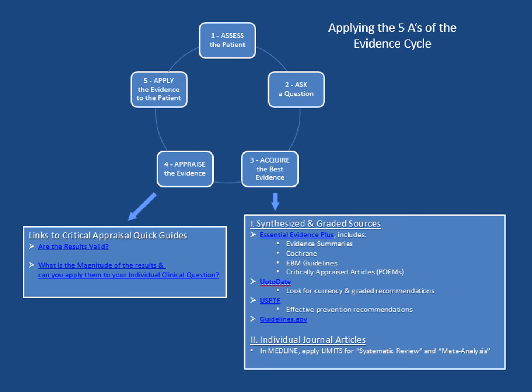So where you acquire them determines the next step, step 4, appraise the evidence. If you have picked them from a MEDLINE search, you might need to get some extra literature from critical appraisal guides on how to do it. If you've picked your hits from a synthesized source that's already been graded with levels of evidence, then you wouldn't need to do that. You could just go ahead and apply it.